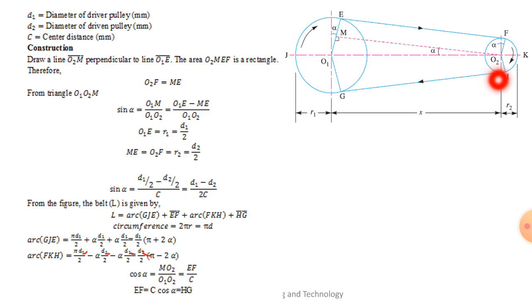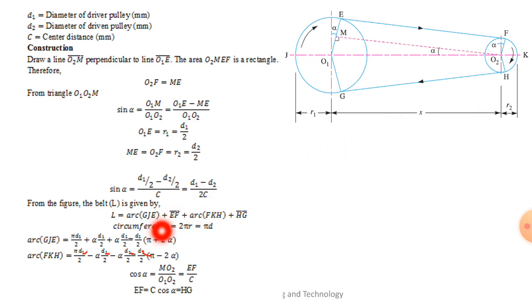So you will get pi d2 divided by 2, the circumference of half of the driven pulley, minus, because the angle is lesser than 180 degrees, alpha d2 divided by 2 minus alpha d2 divided by 2.